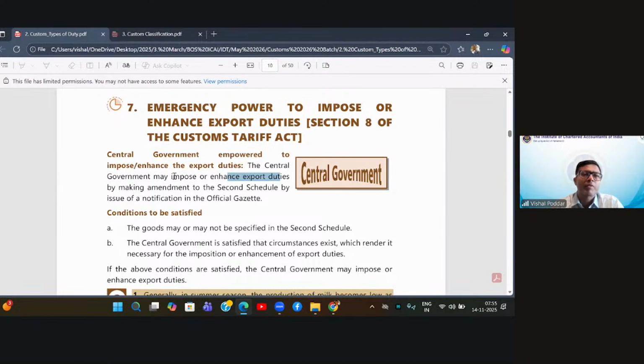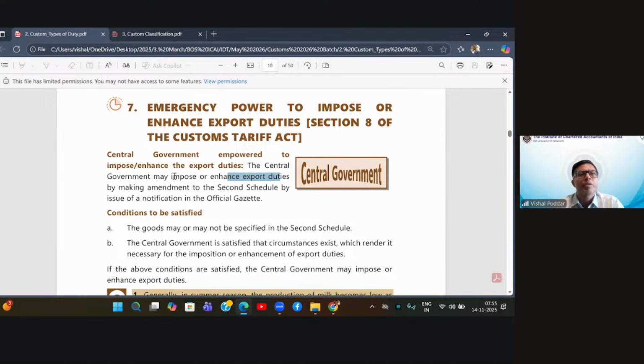Now, at that point of time, like right now, the parliament is not in function. But if some reports suggest that there is huge quantity of import from China, or let us say nowadays China is not doing that directly, it is using some smaller countries like Cambodia or Vietnam. Now, if goods are being exported by these countries and they are coming to India in huge quantities, an immediate action has to be taken.